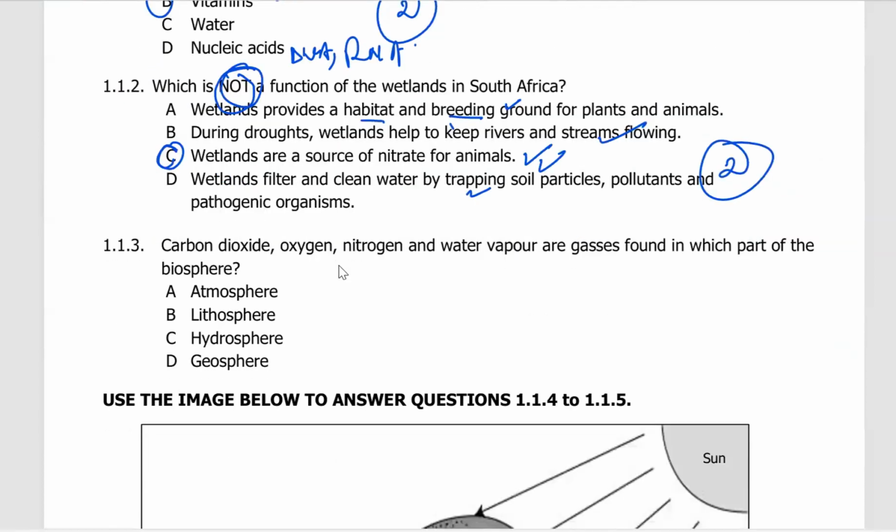They're saying that carbon dioxide, oxygen, nitrogen, and water vapor are gases found in which part of the biosphere? We said carbon dioxide is a gas.